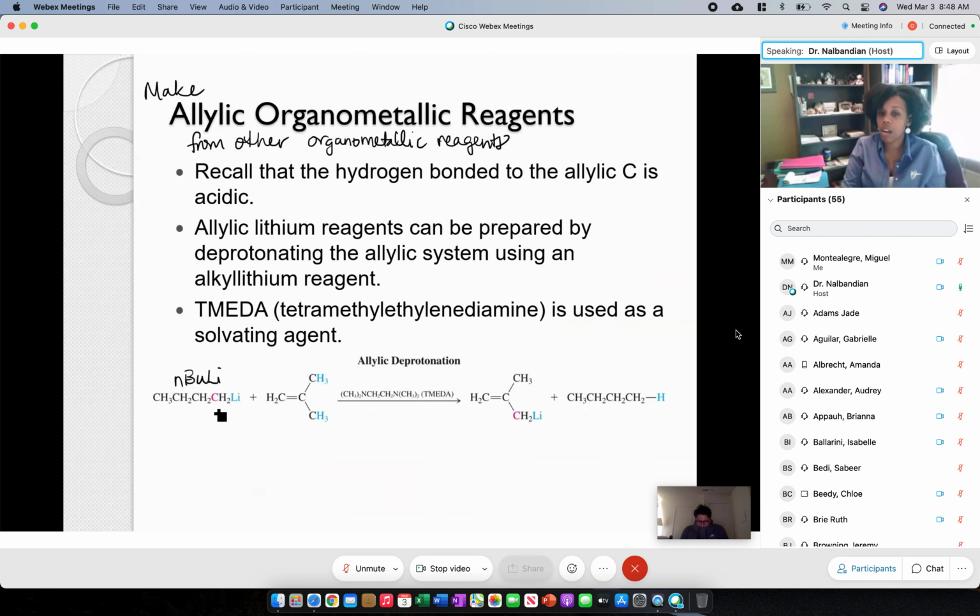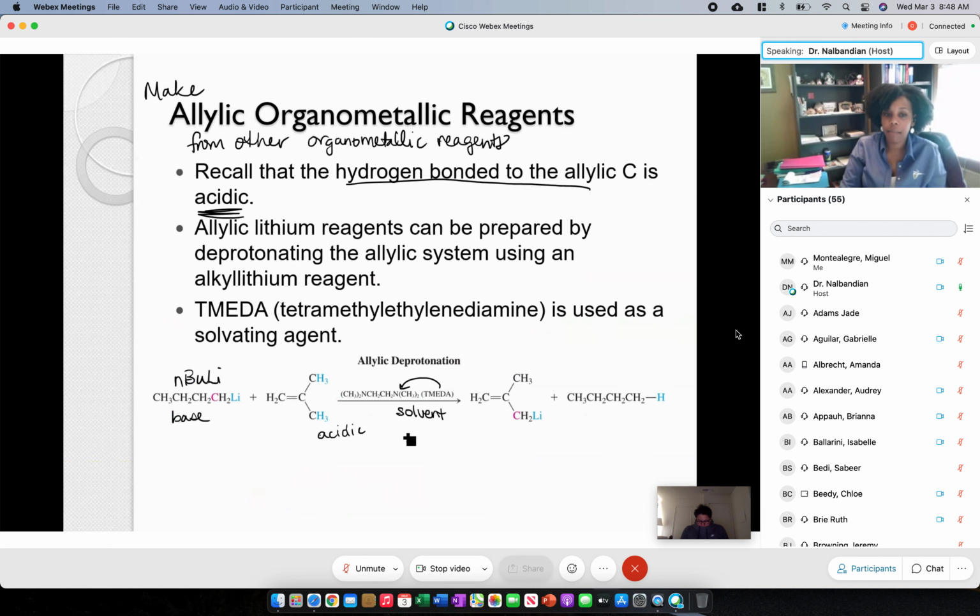We know that that's a strong base. And we said that when we have a hydrogen bonded to an allylic carbon, that is acidic. So here, the blue hydrogens, they are acidic. So then the solvent here is called TMEDA.